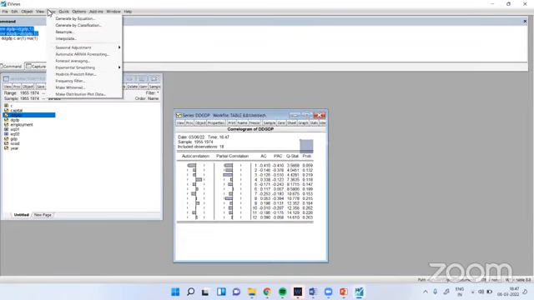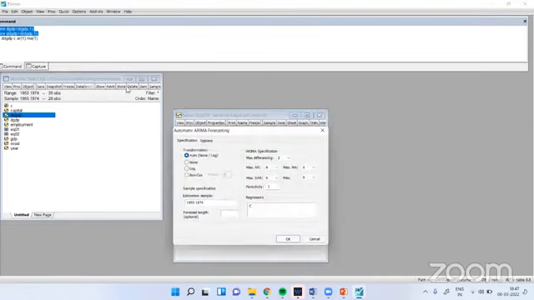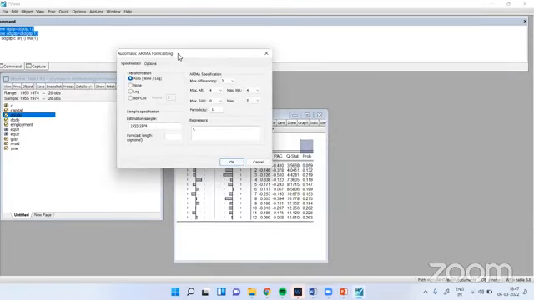Yeah, this one: Proc, Automatic ARIMA forecasting. Many of you must not be having this option. Is it so? Say yes or no. Are you having this option?